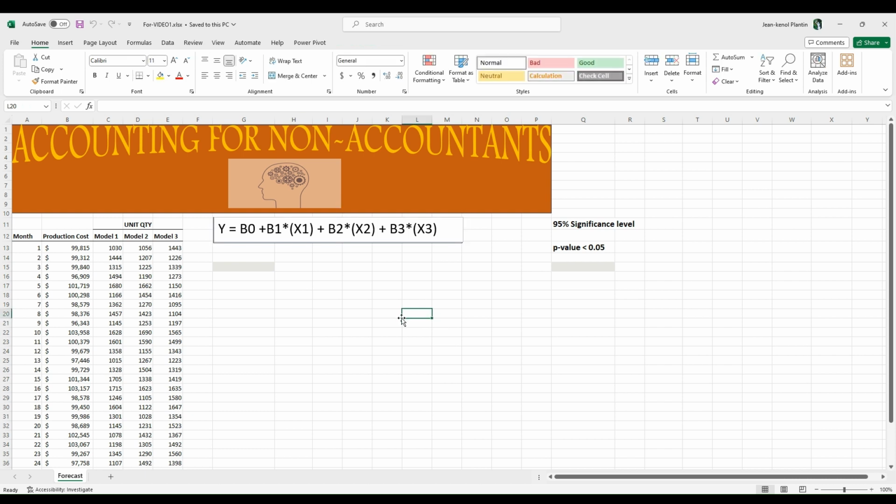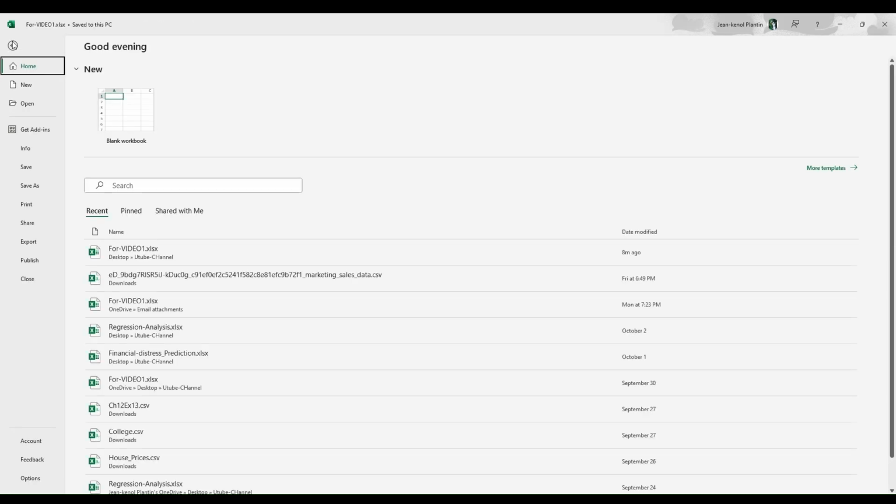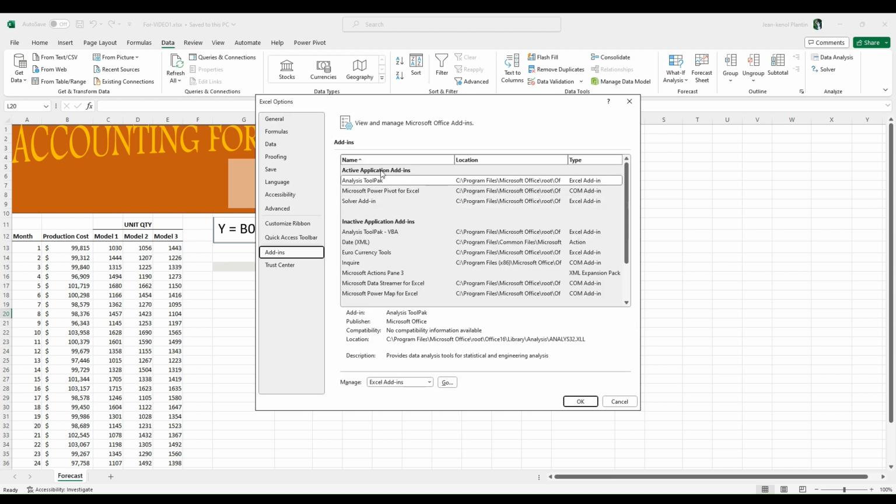Now, to be able to perform regression analysis in Excel, you have to go to Data and look on your upper right for Data Analysis. If you don't see it, you have to go to File, then Options, then Add-ins, and you're going to see Analysis ToolPak.